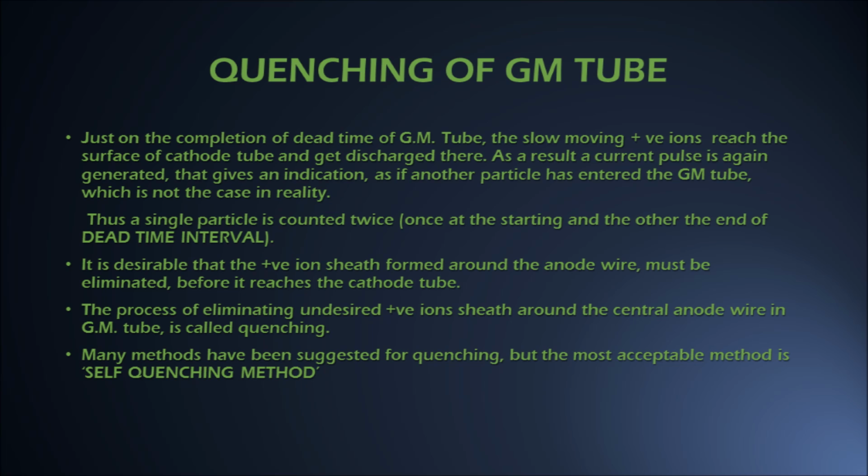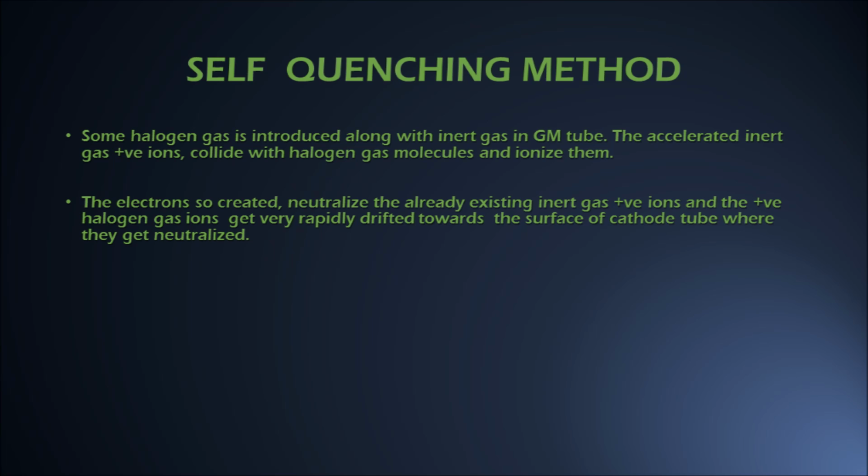Many methods have been suggested for quenching of GM tube, but the most acceptable method is known as self-quenching method. Now let us see what do we do in this self-quenching method.